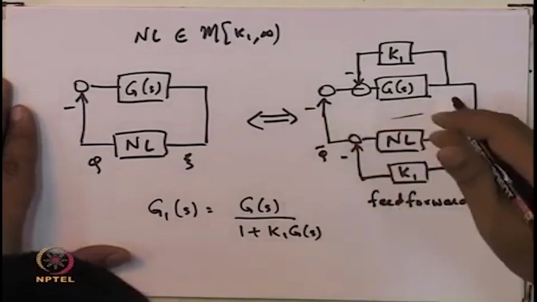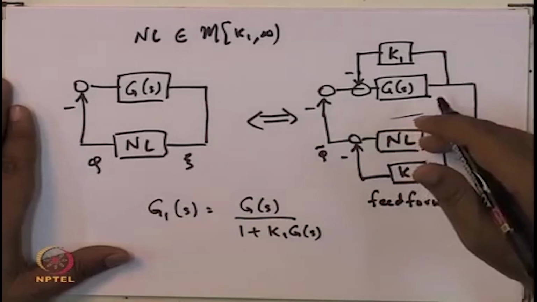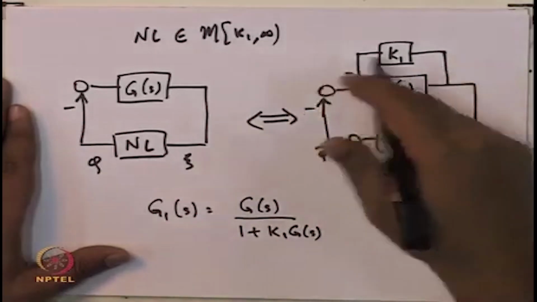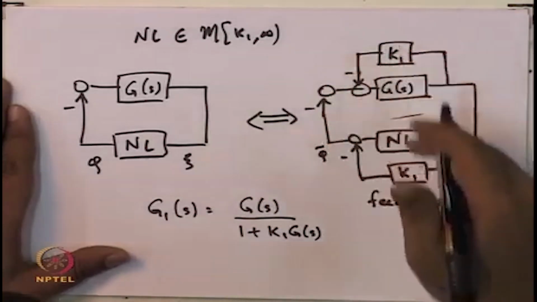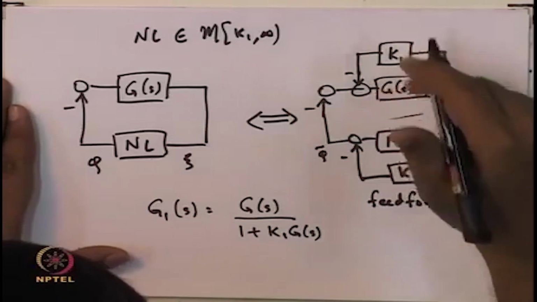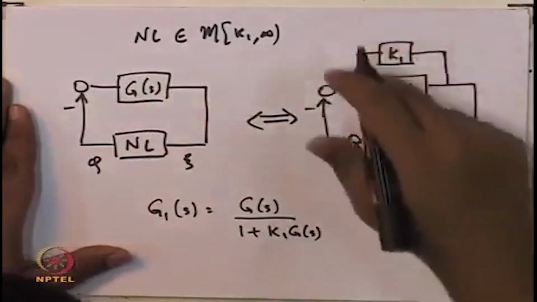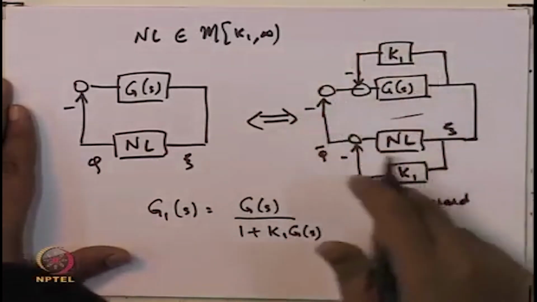Along with the nonlinearity you have given a feed forward, but when you do this feed forward on the open loop, what you do is you give a feedback with the same K1 on the original plant that you had, and then this resulting plant along with this new nonlinearity.